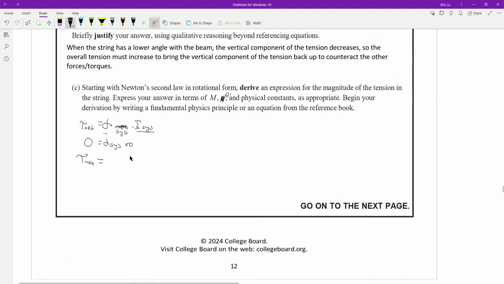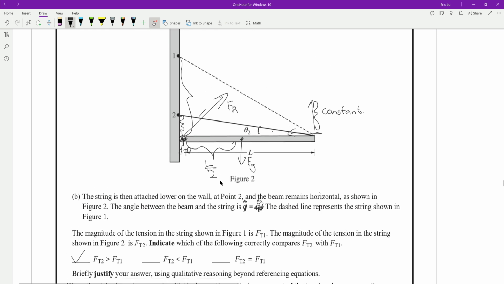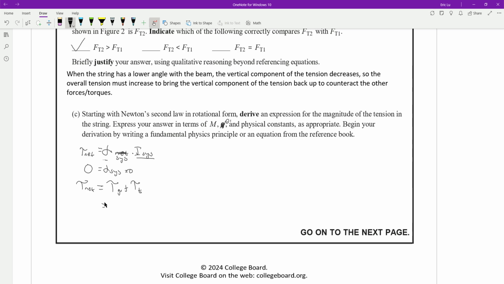So the net torque would be equal to the torque of gravity plus the torque of tension. And what would the torque of gravity be?